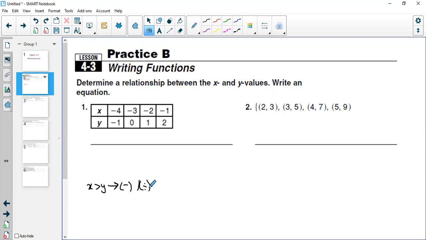Let me write it down here. So if the value of x is greater than the value of y, for example, say the value of x is 6 and the value of y was 2, how did the 6 become 2? There should have been a subtraction, that is 6 minus 4 would give you a 2, or there would have been a division, 6 divided by 3. That's how we conclude what has happened.